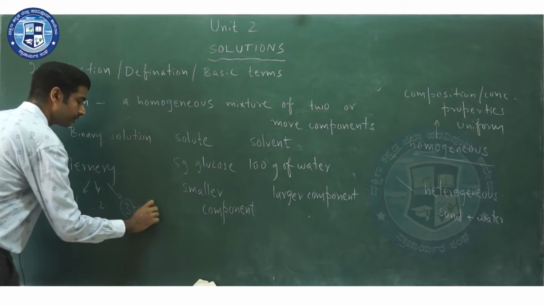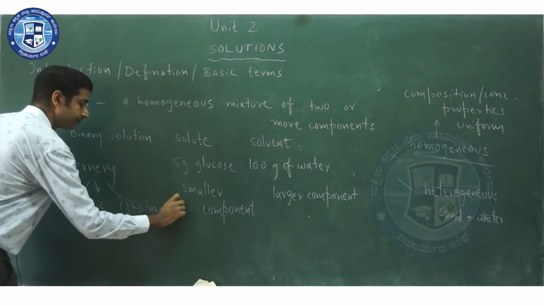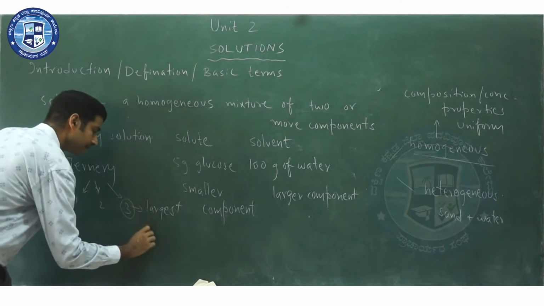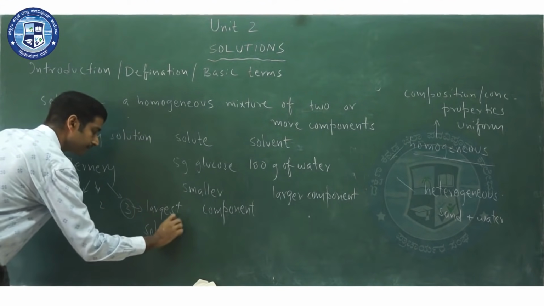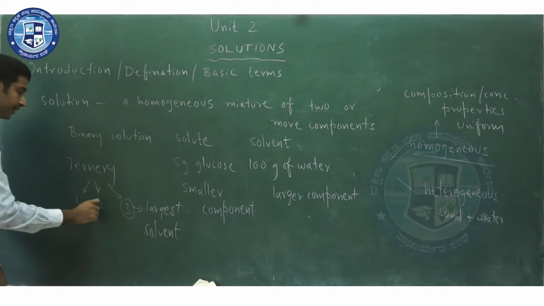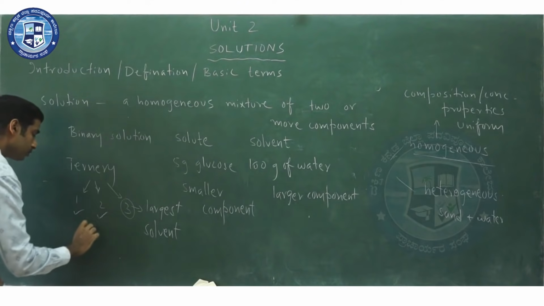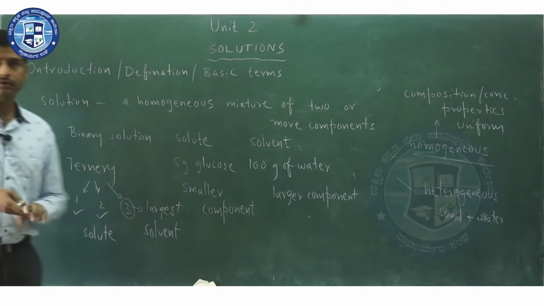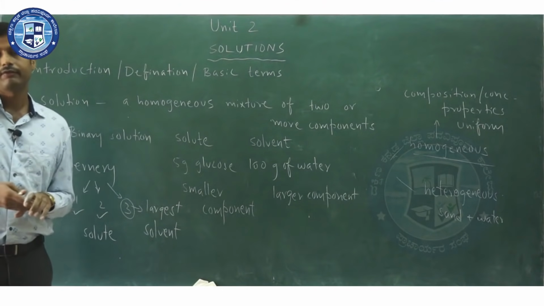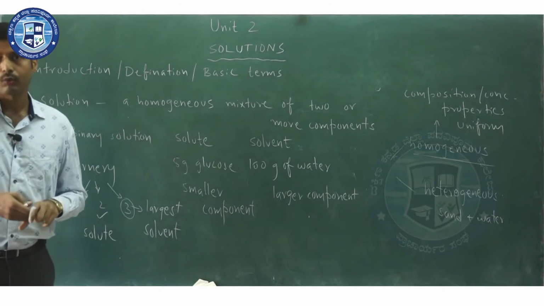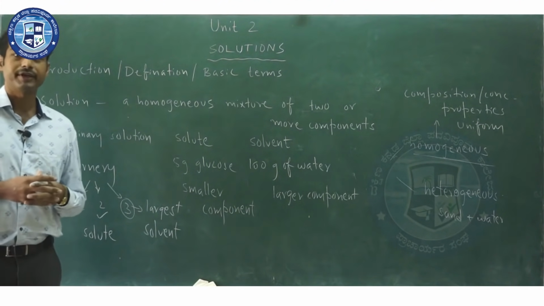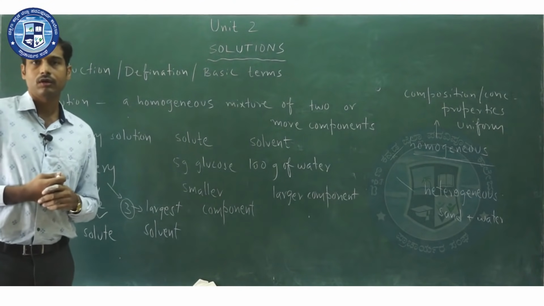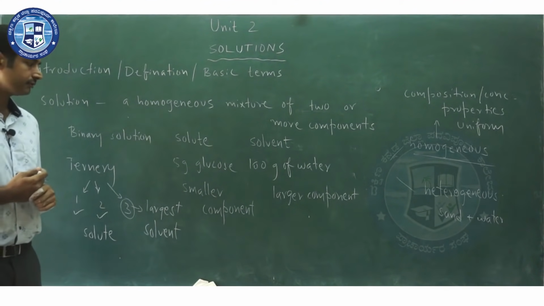This will be the solvent, whereas the remaining two will be solutes. So in a solution, the largest component will be the solvent, whereas the remaining components will be called as solutes.